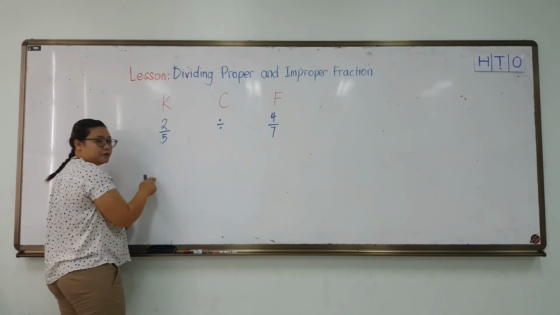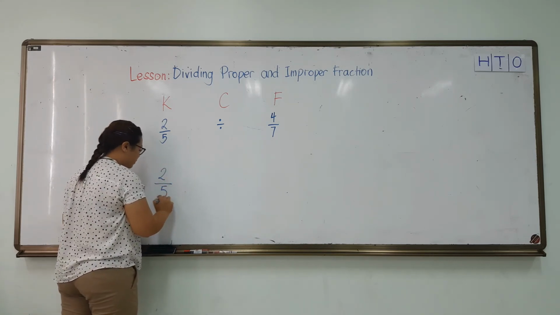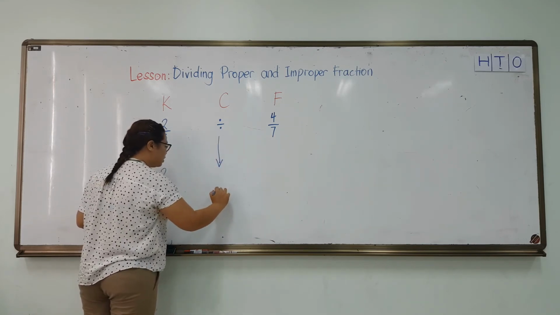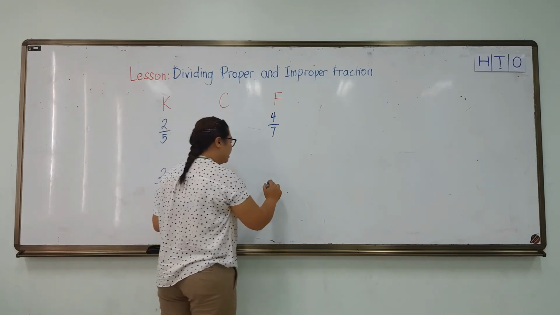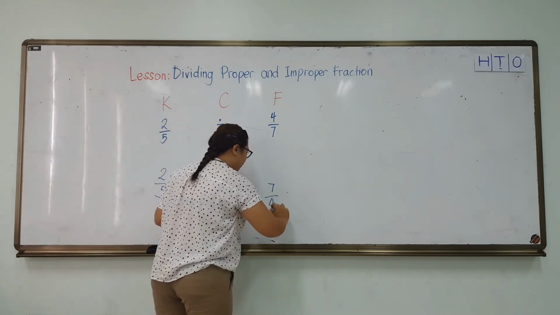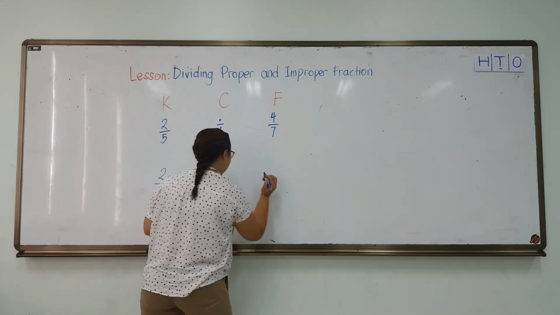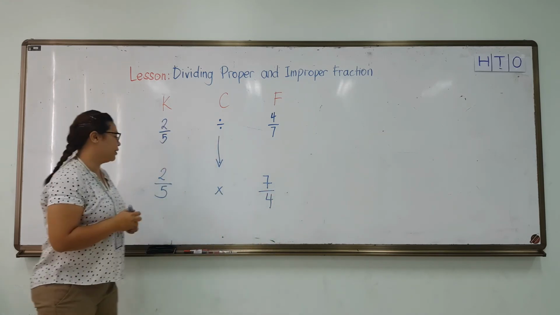So keep. When you keep, you just copy it. Change division to multiplication. And flip 4/7. It will become 7 over 4. Sorry, let's rewrite it. Alright, now it looks better.